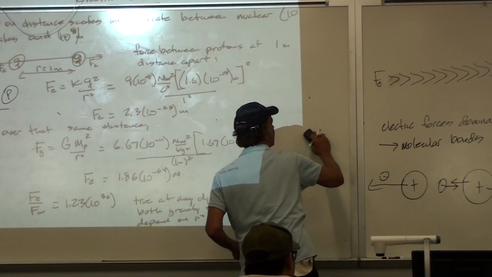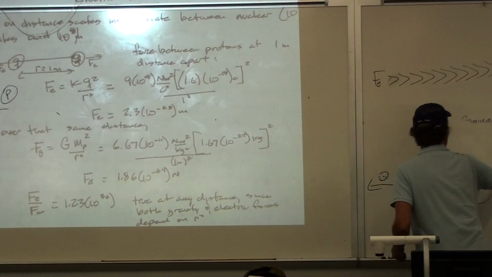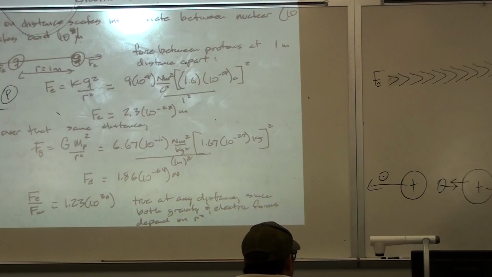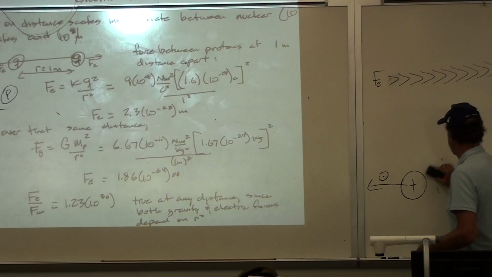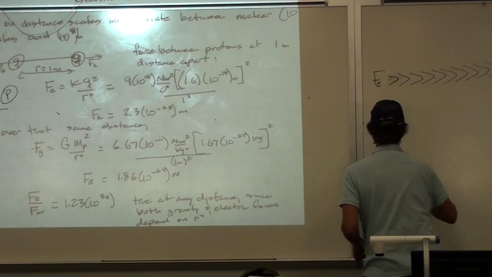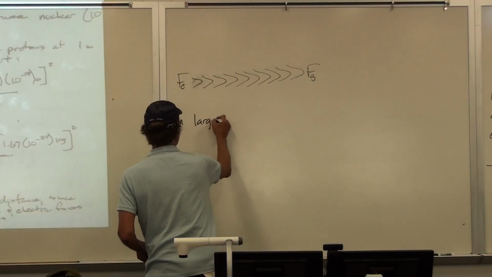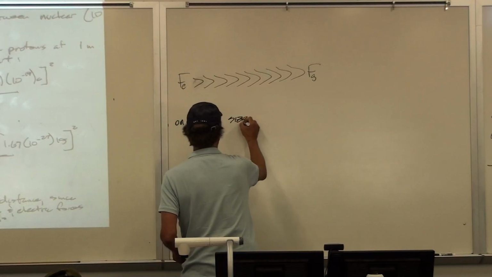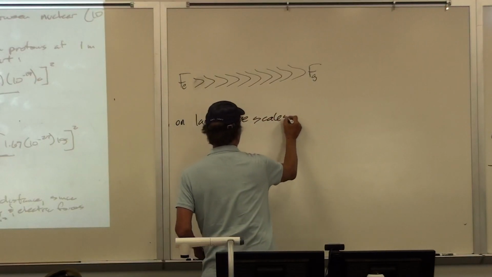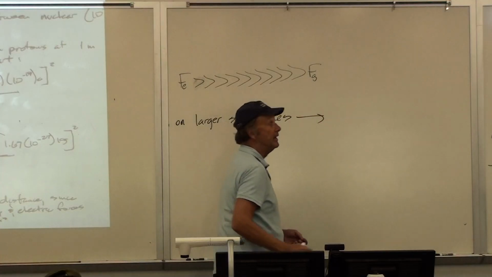It's when we are studying atoms and how atoms can form into molecules on that kind of size scale. On the other hand, on larger size scales, it's gravity that dominates.